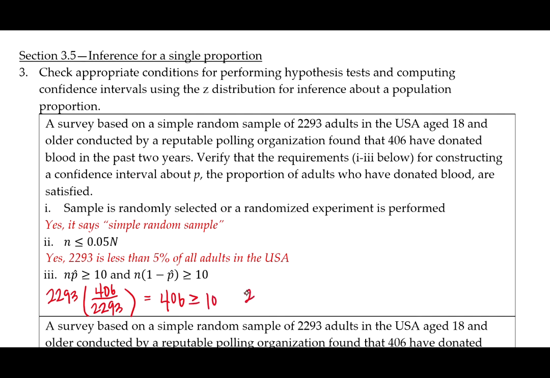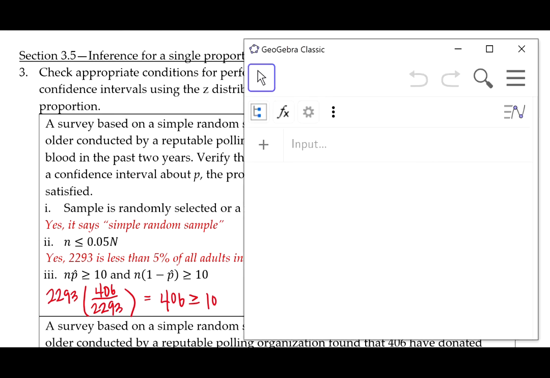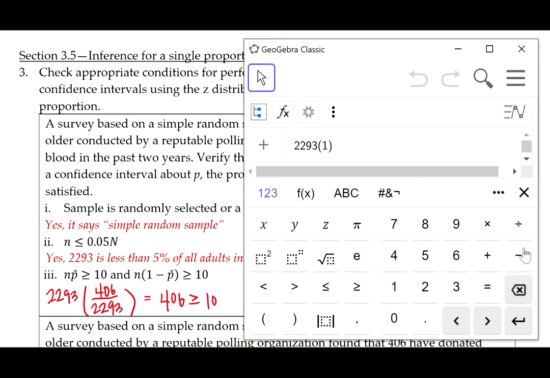And now I'm going to do the same thing, but I'm going to do 1 minus my p hat. And I could do this in GeoGebra. Let me just pull up a GeoGebra calculator screen. And I'm going to do 2293 times 1 minus 406 divided by 2293.